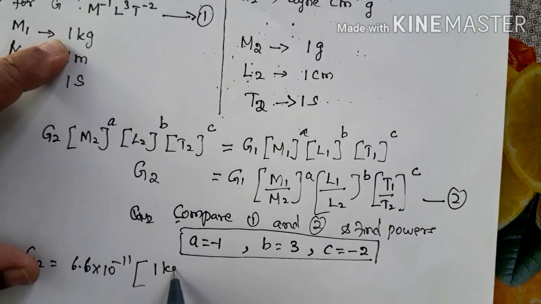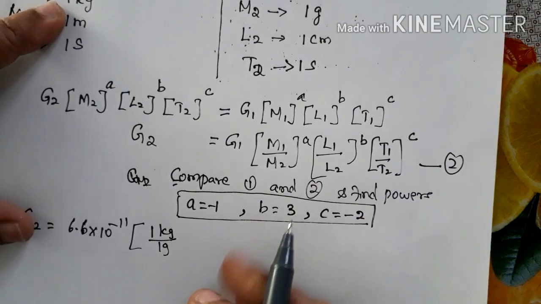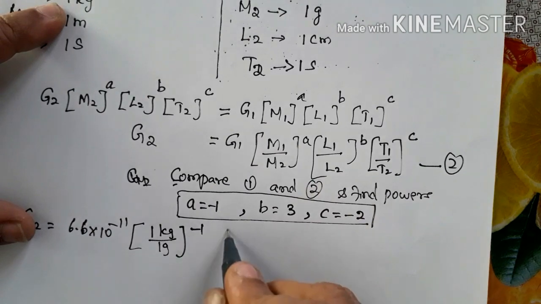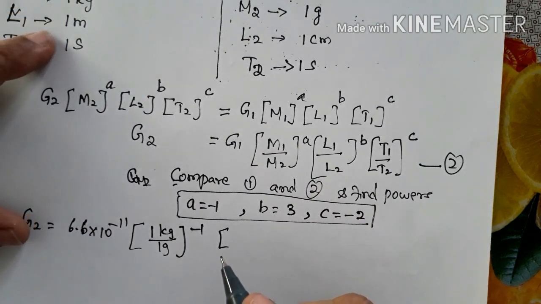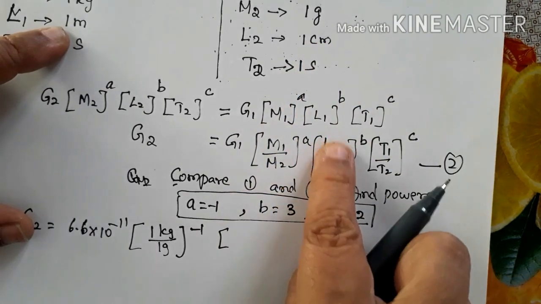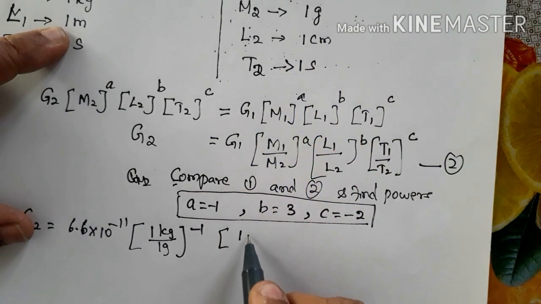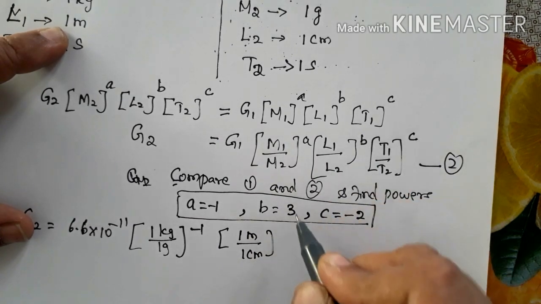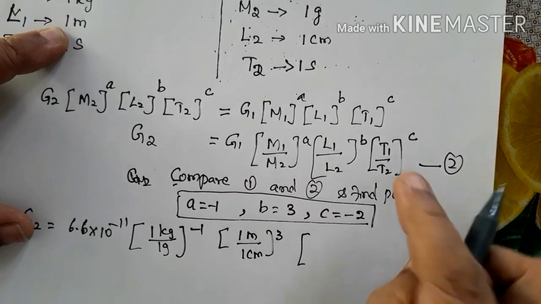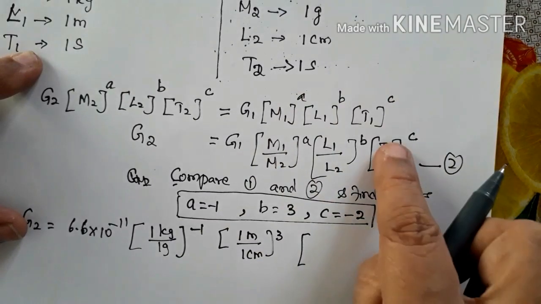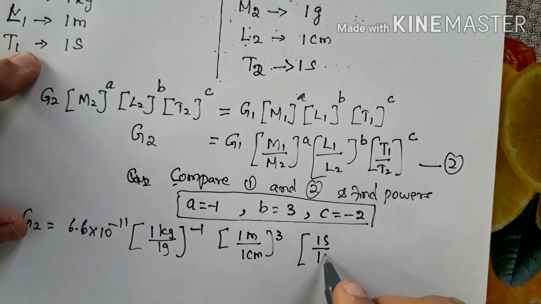So 1 kilogram by 1 gram, power A is minus 1. In the same way, L1 is 1 meter, L2 is 1 centimeter, so you substitute 1 meter by 1 centimeter, and for the power B you write 3. In the same way, in both cases time is 1 second, so you substitute 1 second by 1 second.